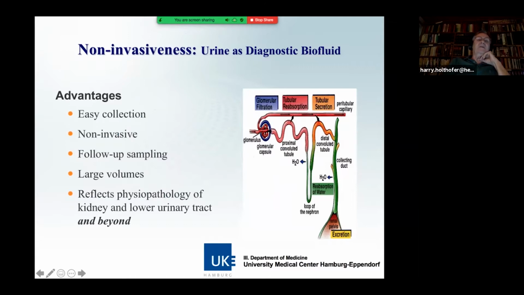As I mentioned, non-invasiveness is very important for us, and the natural choice for assays is urine. It is a really underutilized diagnostic biofluid, and we can easily understand the advantages. But first, a couple of words about the formation of urine.